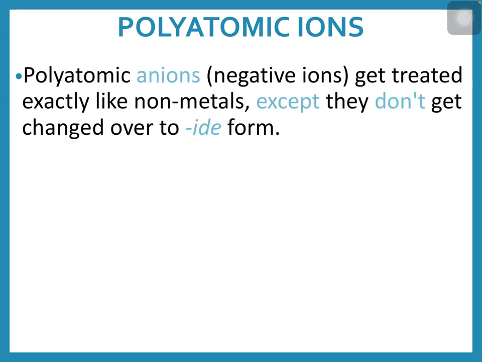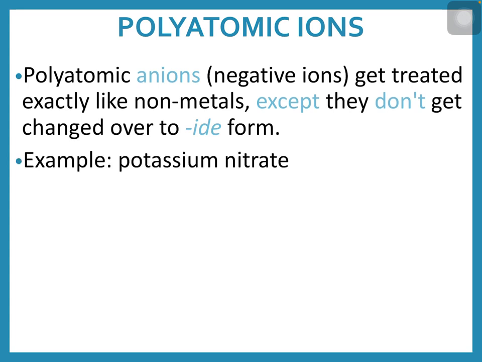Okay, negative ions, so polyatomic anions, these get treated like nonmetals, except that we do not change the ending on the name. So we keep the polyatomic name for these. So potassium nitrate, potassium is K. It's in group 1, so it's a 1+.